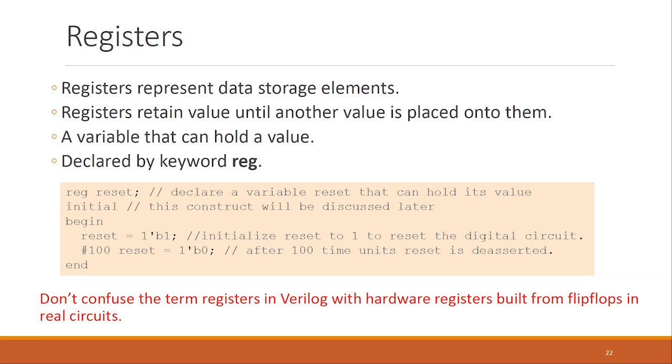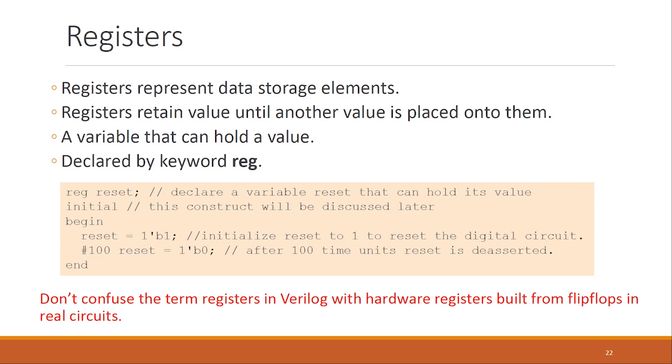This also we'll discuss later. Hash 100 basically means you need to wait for 100 time units before you do anything else. So hash 100 is there to represent that delay of 100 time units, and then after that we need to make reset equal to 0. You can do that with this syntax: reset is equal to 1 apostrophe b0.